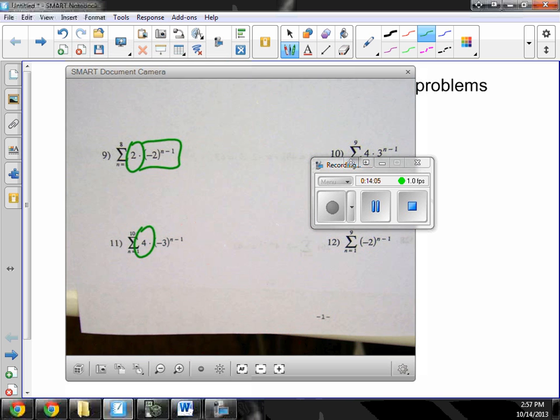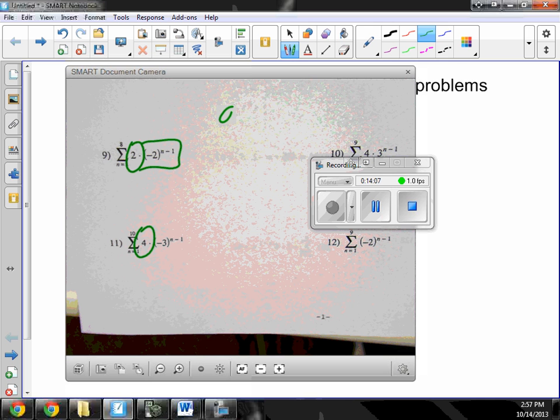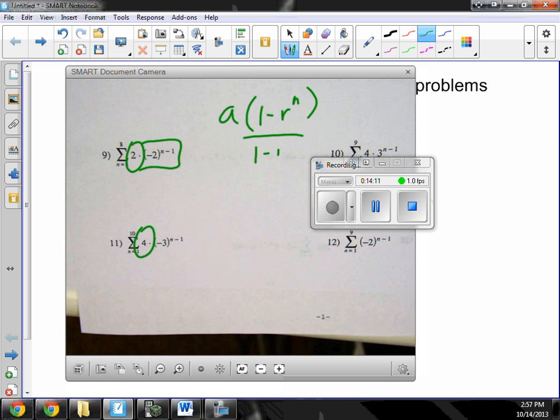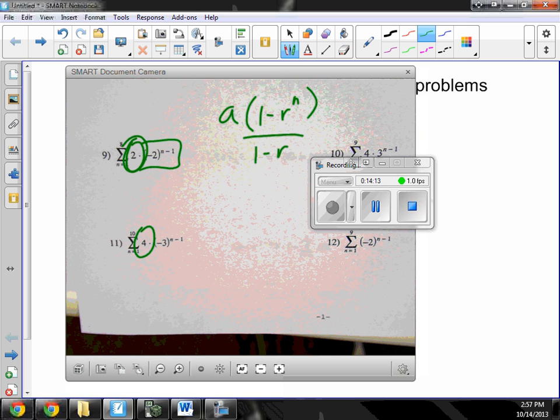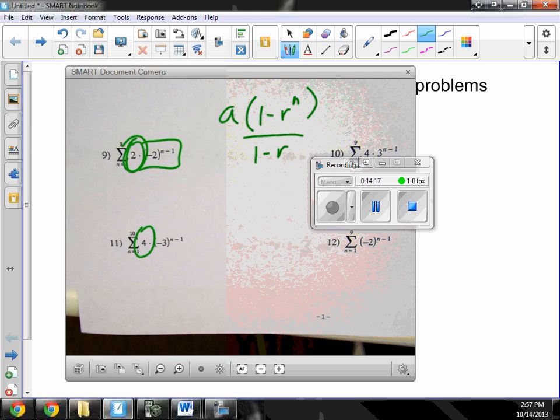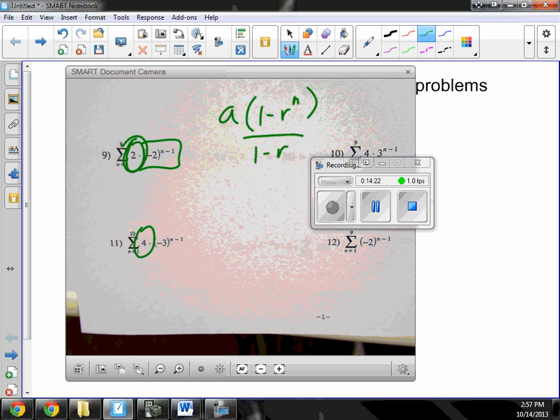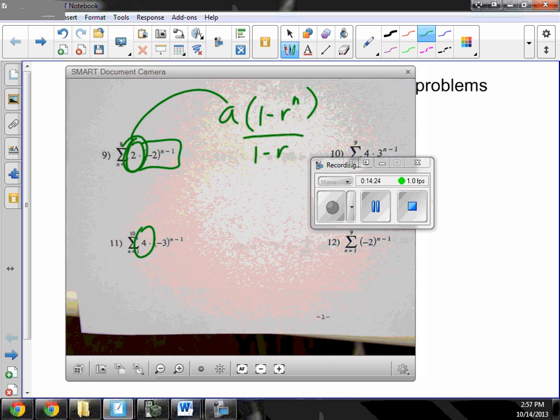So sometimes we just say a times 1 minus r to the n over 1 minus r, and a is the number in front, because you're always going to get a 0 exponent every time. So all you have to do is put whatever number is there right here.